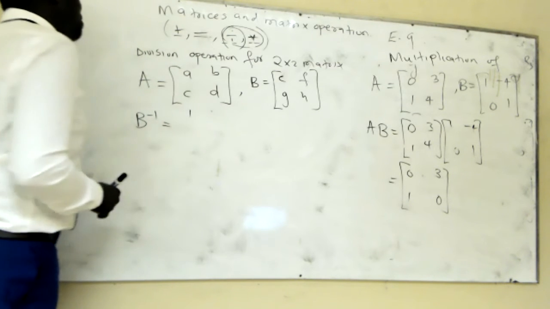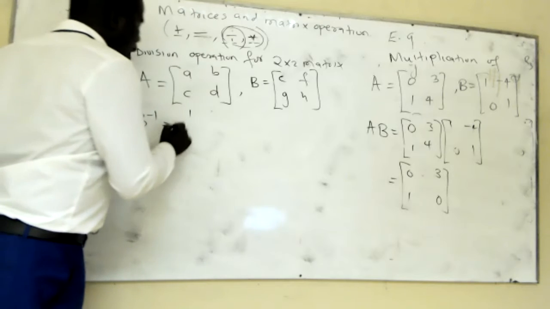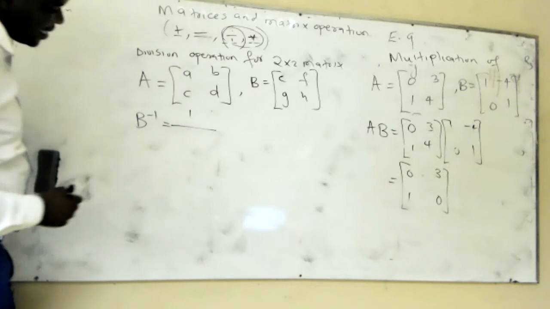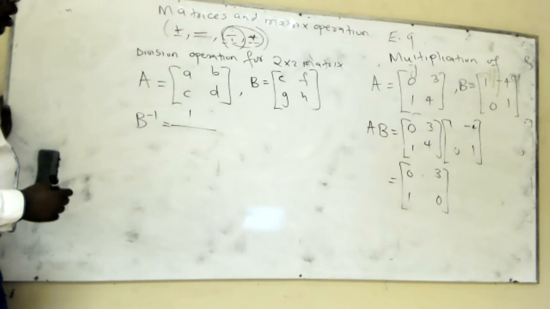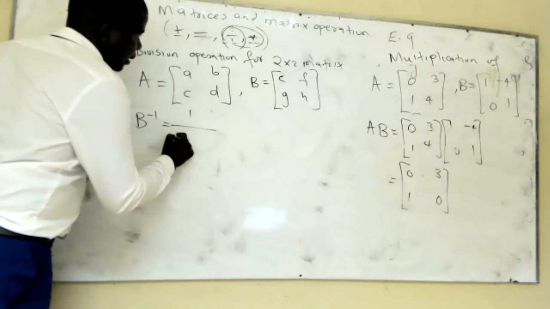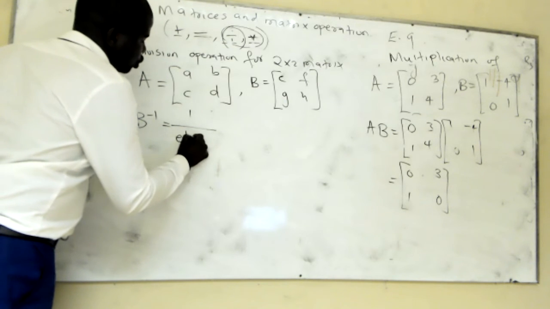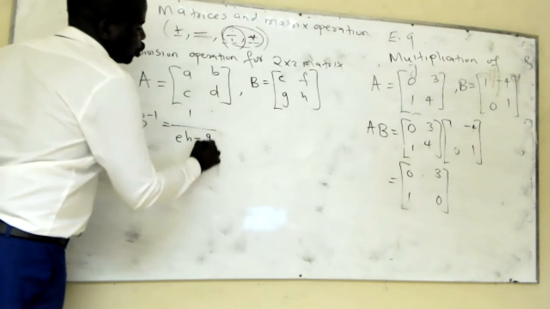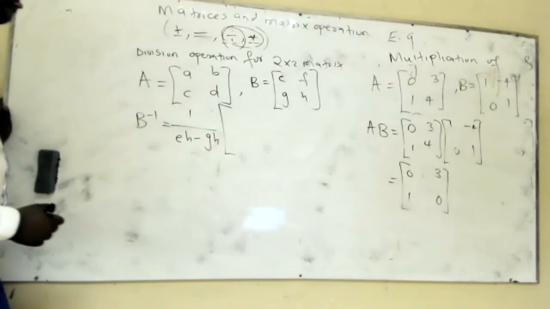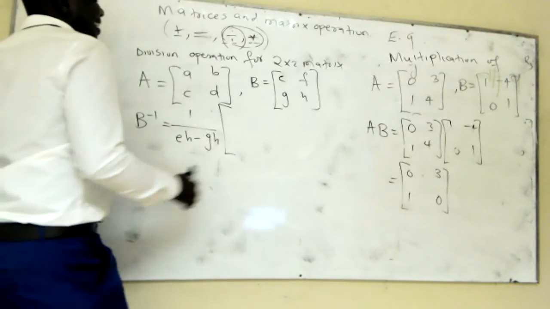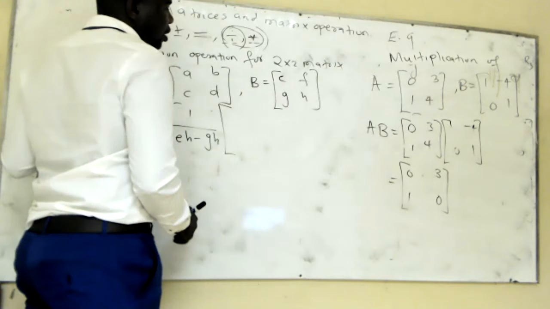You find the inverse of B by saying 1 divided by EH minus GH, into the matrix where you swap the positions.